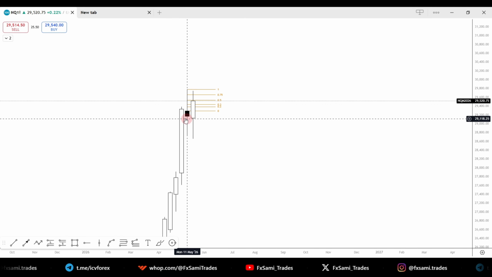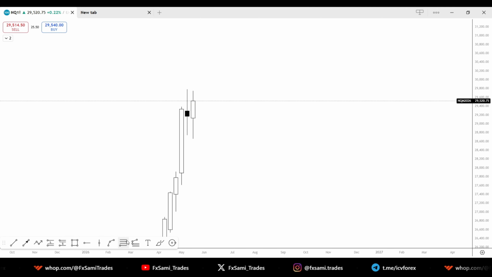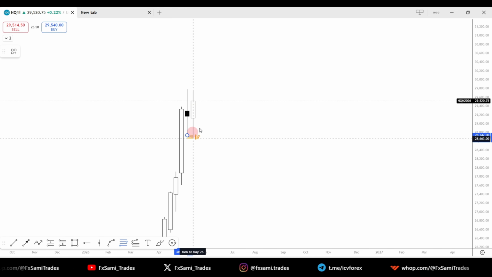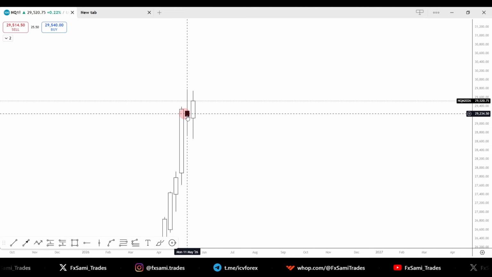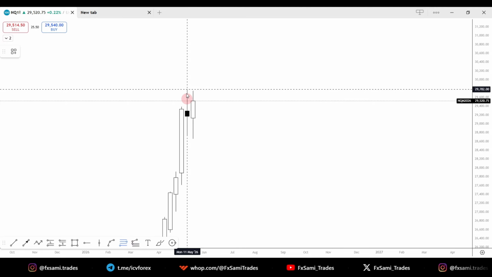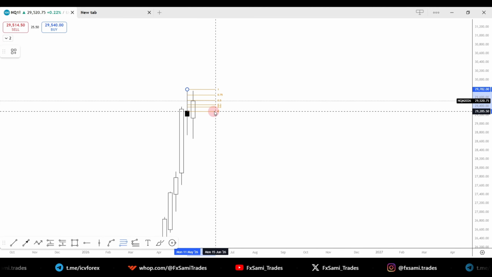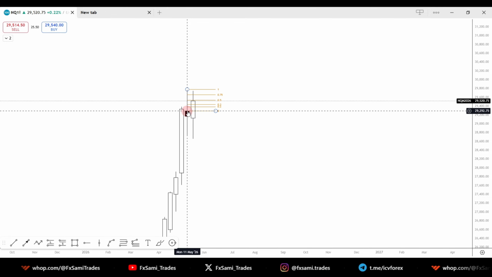But if it's an up close candle, you're gonna mark the lower wick from low to high. But since it's a down close candle here, you're marking out the upper wick, the projections from high to the lower side of the wick.